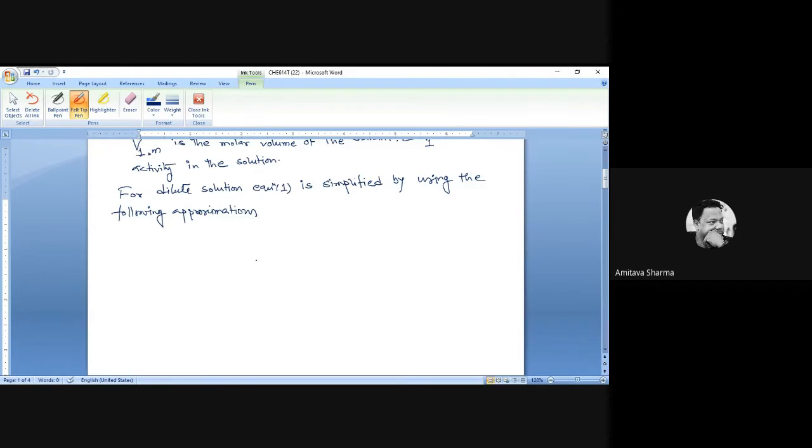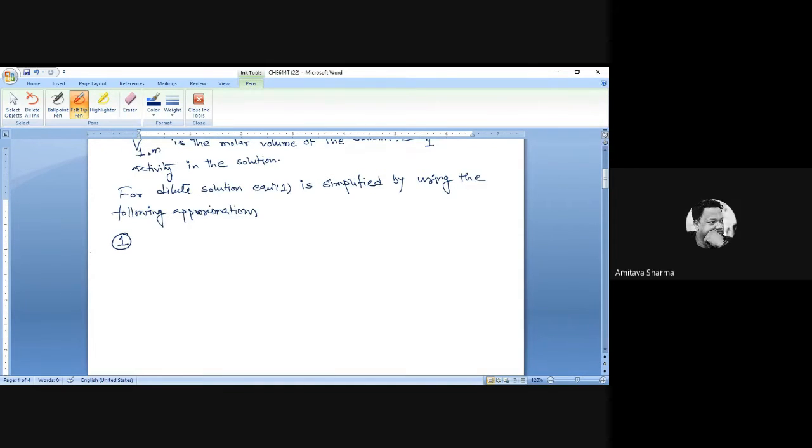These 3 or 4 approximations are very important. The first approximation is that the activity A1 of the solvent is equal to its amount fraction, that is, A1 is approximated to x1.